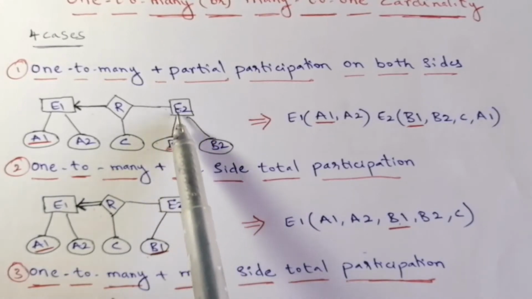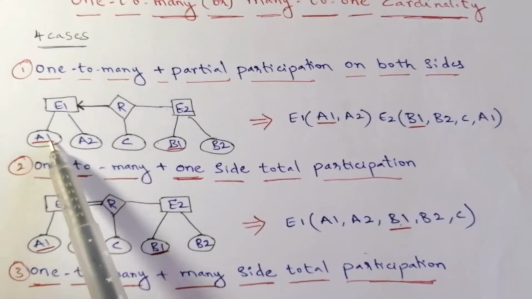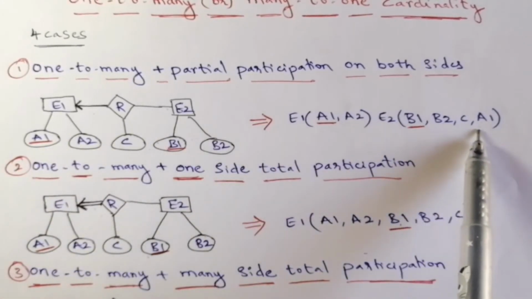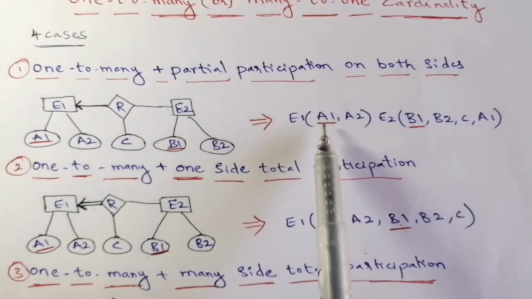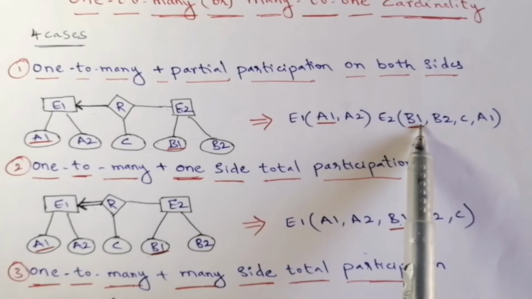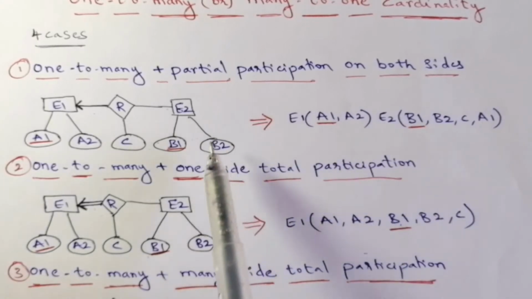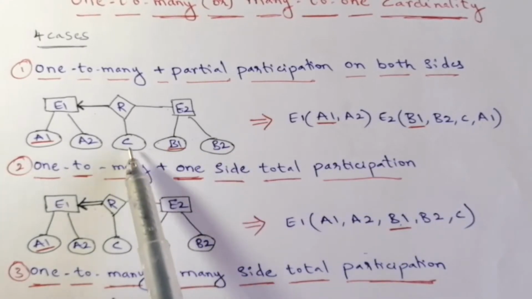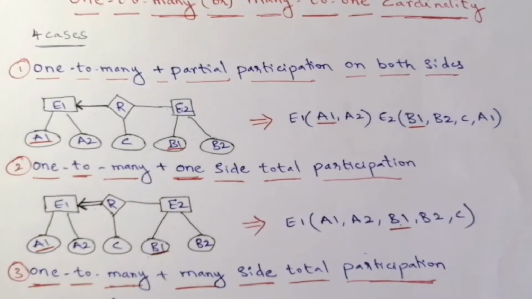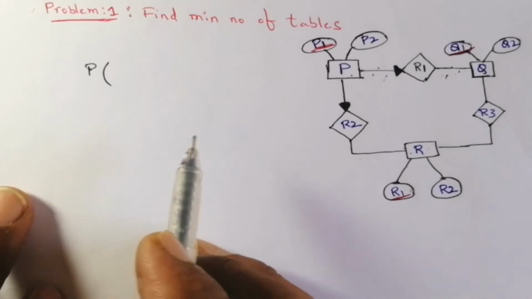See here, E2 is the many side. E2 is going to absorb A1, right? On the one side we have only A1 and A2, whereas on the many side we have B1, B2, descriptive attribute C and the primary key of its associated entity A1. So the many side will absorb.